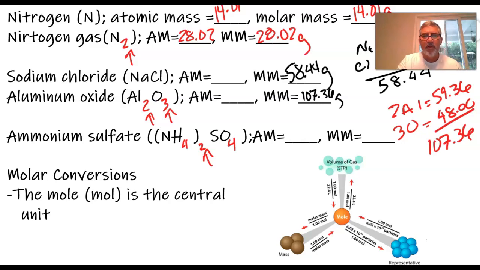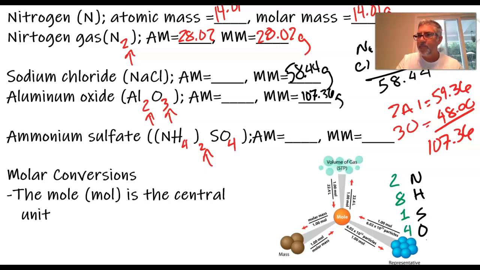So if I was going to write those out here again, I have N, H, S, and O. So those are all the different components. But now I have 2 N's, I have 8 H's because that 2 multiplies to 4, I have 1 S, and I have 4 O's.